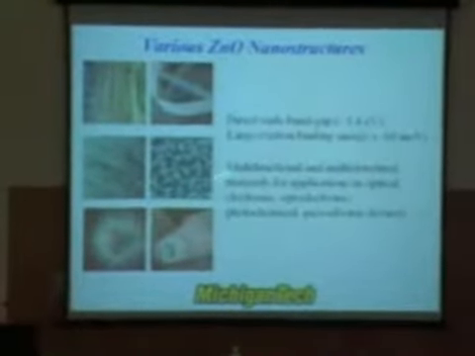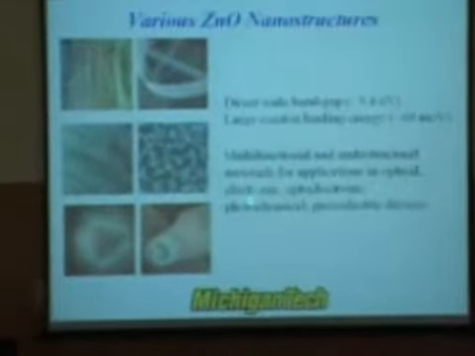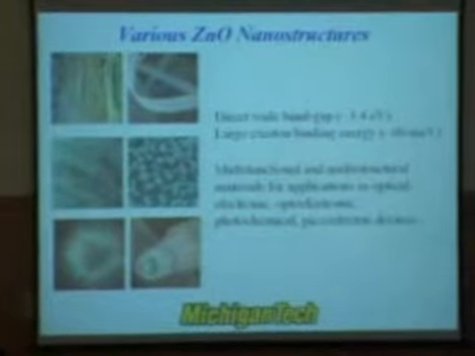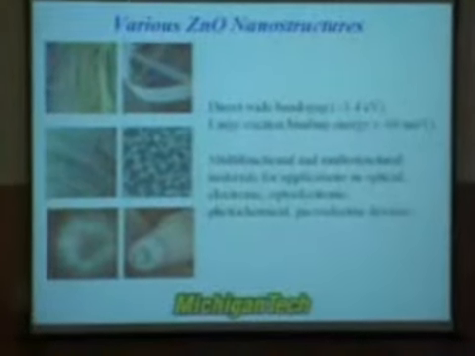And also very important is that it can appear in many different types of structures. And they have multiple functions as well for optical, electronic, optoelectronic, photochemical, and piezoelectric devices. So out of one device that you build, you might be able to use the same device for different functions. So that is a plus of these materials.